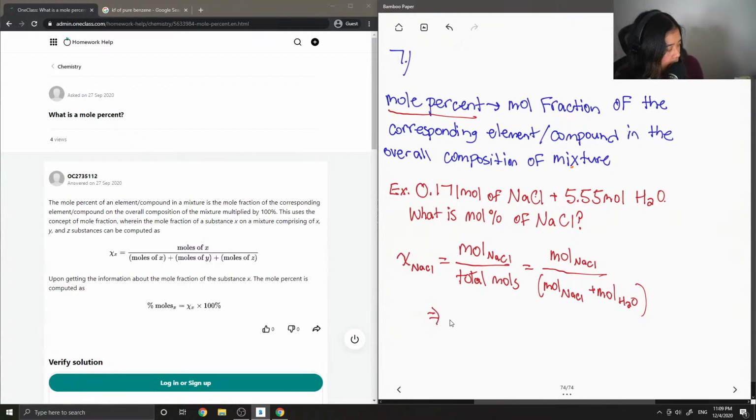Okay, so if we just sub in our values for moles, it's 0.171 divided by 0.171 plus 5.55.